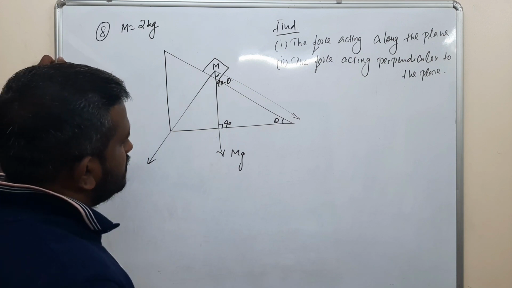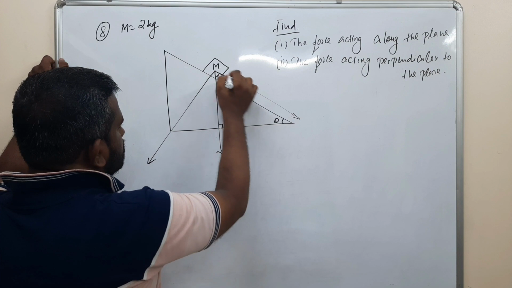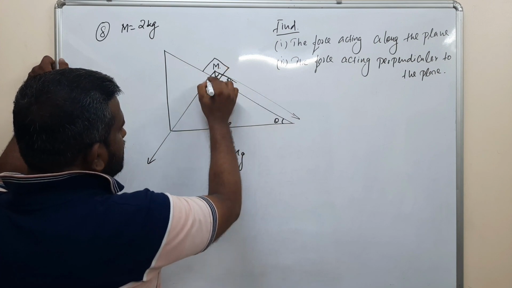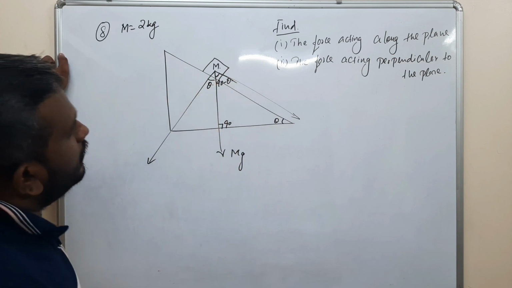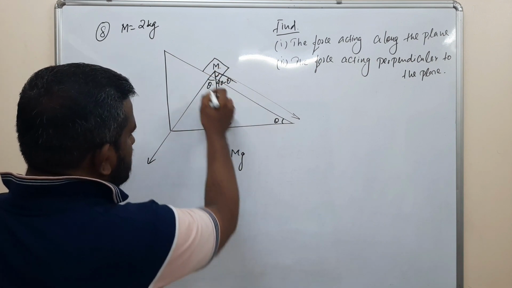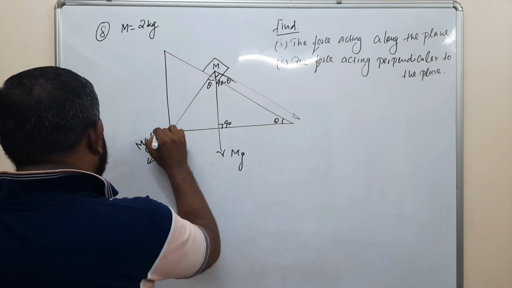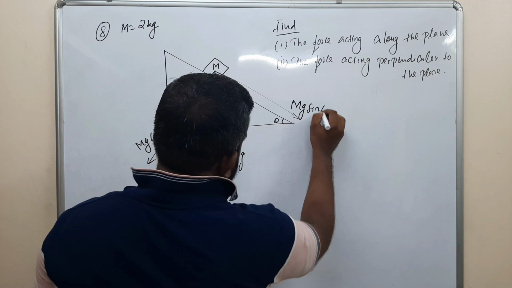The total is 90 degrees, so this remaining angle is theta. So we can write this component as mg cos theta, and this component is mg sin theta.